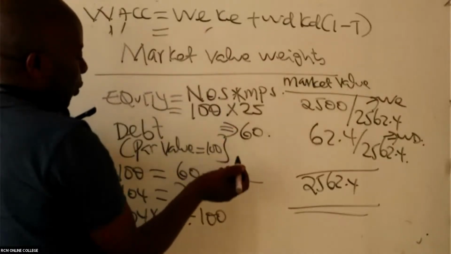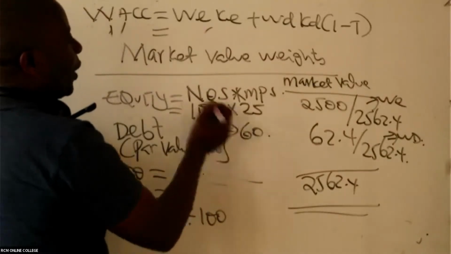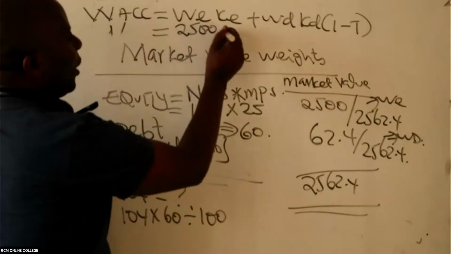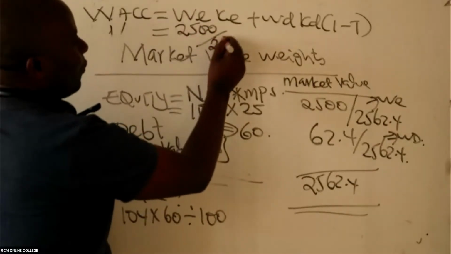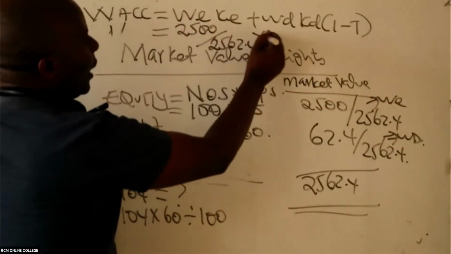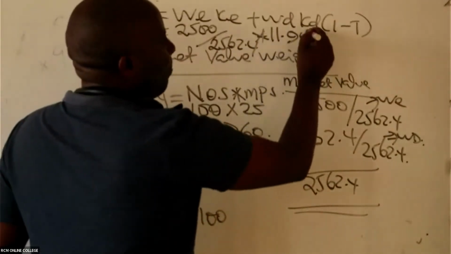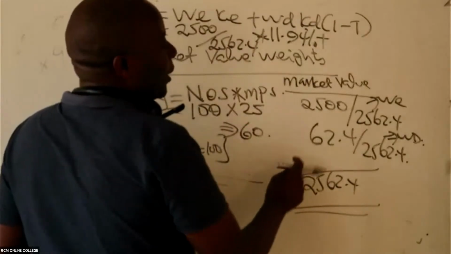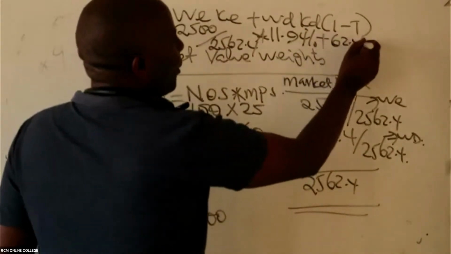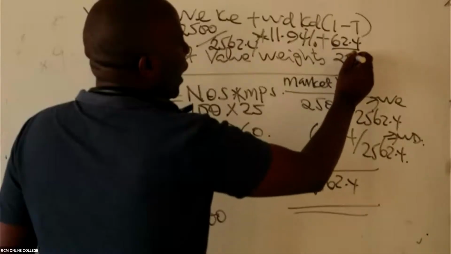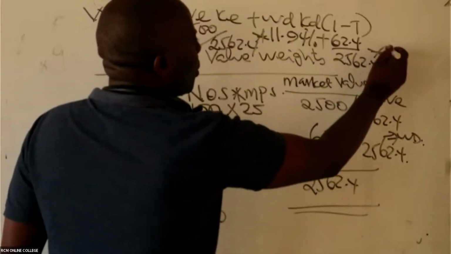Yes, the weight of equity is 2,500 over 2,562.4 times the cost of equity, which you are giving me as 11.94%, plus the weight of debt, which is 62.4 over 2,562.4 times KD.